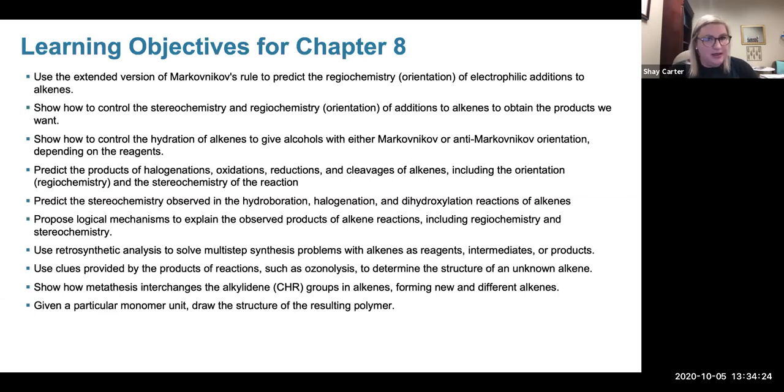But another way that you can make flashcards is to take some note cards and draw an arrow and write a reagent over the arrow. Or you can write a reagent and an alkene and hold up the alkene to yourself, hold up the reagent, and try to predict the product from that.